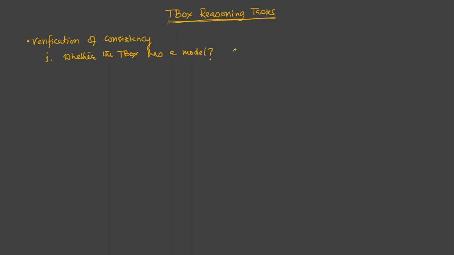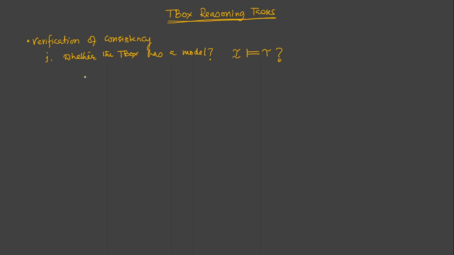So we have to find at least one I that is a model of T. If we have at least one such I, then we say that this T box is consistent, or this T box has a model.